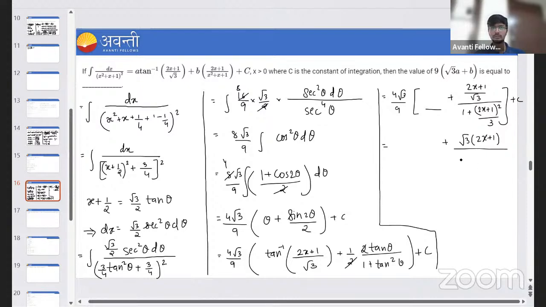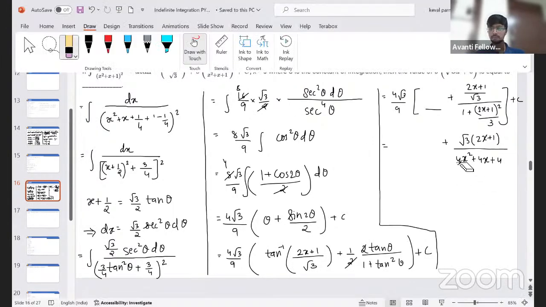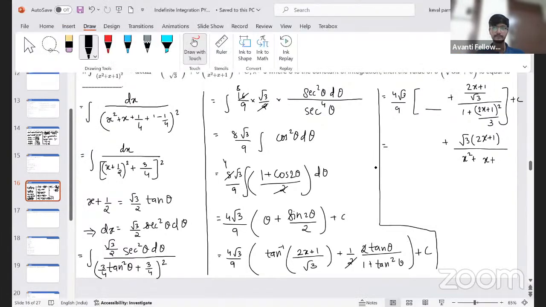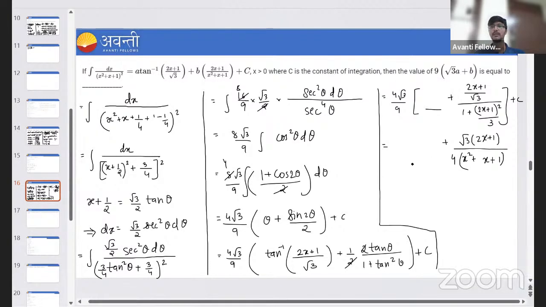हाँ, so what will I get is 4x square plus 4x plus 4. So नीचे से I can take 4 common. So I'll get x square plus x plus 1. 4 common ले लो. हाँ. And this is as it is, plus c. 4 root 3 by 9.